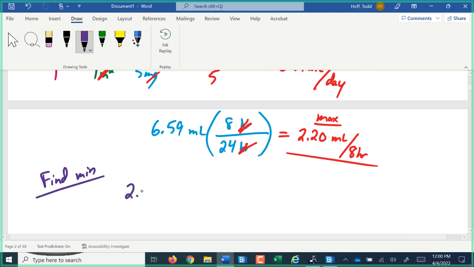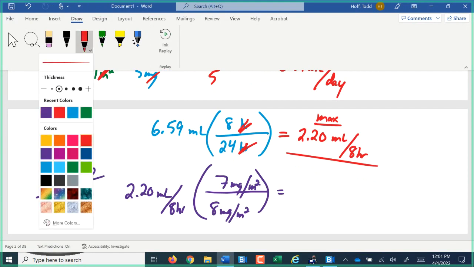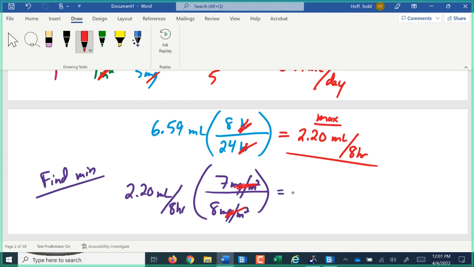We titrate that, 2.20 milliliters. We're titrating off of, that was figured off 8 milligrams per meter squared, and we want to titrate that to 6 milligrams per meter squared. And so the milligrams per meter squared cancel out.